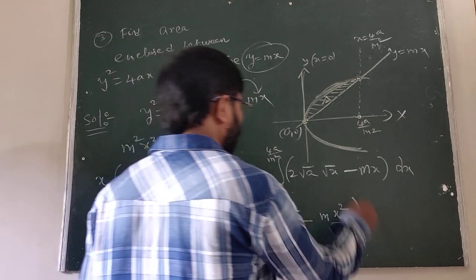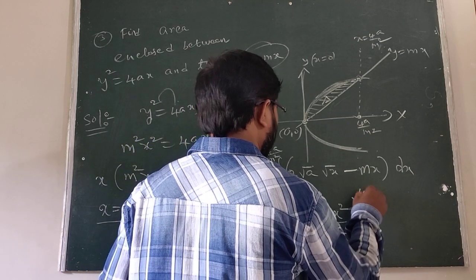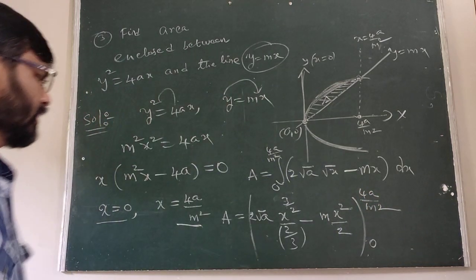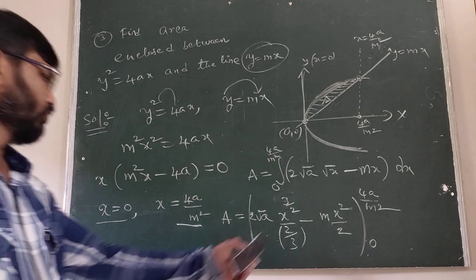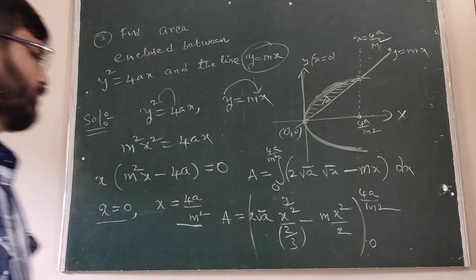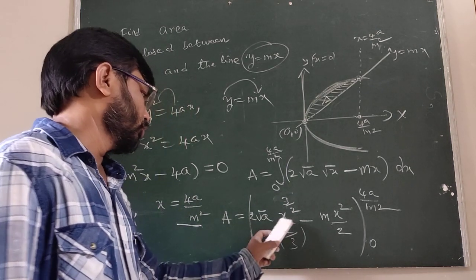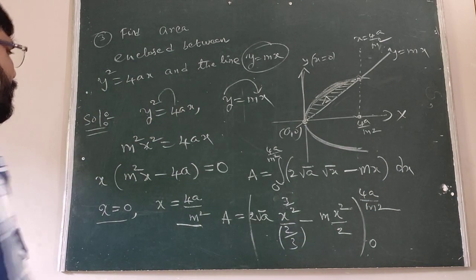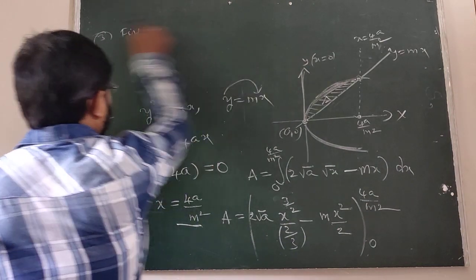These are the limits you can apply, 0 to 4a by m square. When we take the lower limit 0, we get 0. We only substitute the upper limit. Therefore, the required area.